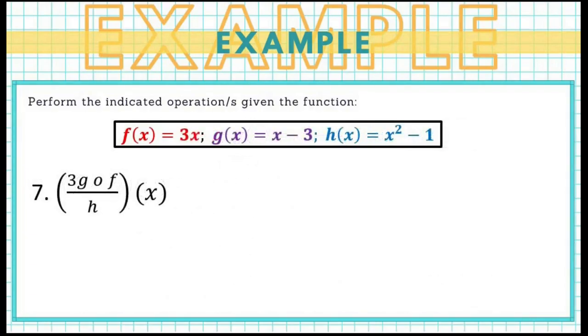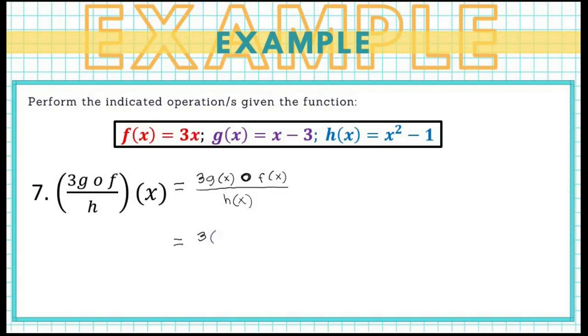And last example, let's have a series of operations. We can write this as 3 g of x circle f of x all over h of x. Now, we substitute one at a time because this one involves a lot of operations. So, we first simplify 3 g of x. So, we copy the constant and multiply 3.